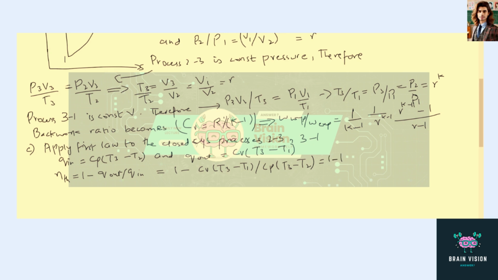That is equal to 1 minus 1 over K times (T3 divided by T1 minus 1) divided by (T3 divided by T2 minus 1). The efficiency now becomes 1 minus 1 over K, times (R power K minus 1) over (R minus 1).